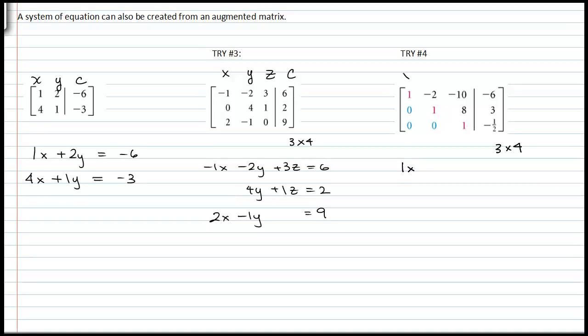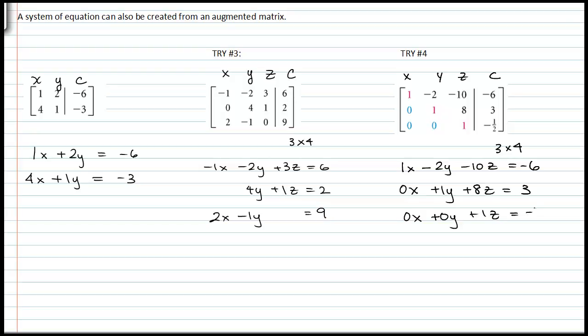That would give me 1x minus 2y minus 10z is equal to negative 6. 0x plus 1y plus 8z is equal to 3. And 0x plus 0y plus 1z is equal to negative 1 half. Again, the zeros are not necessary.